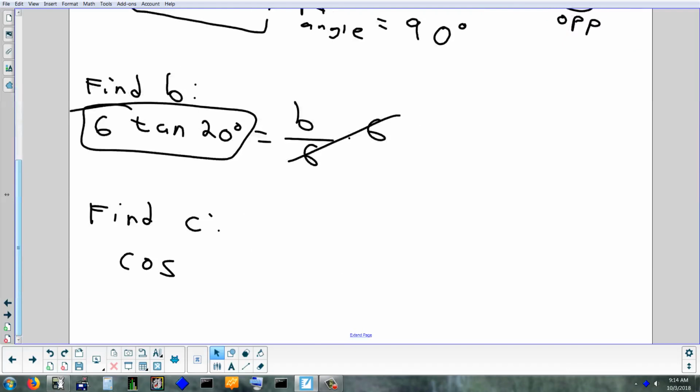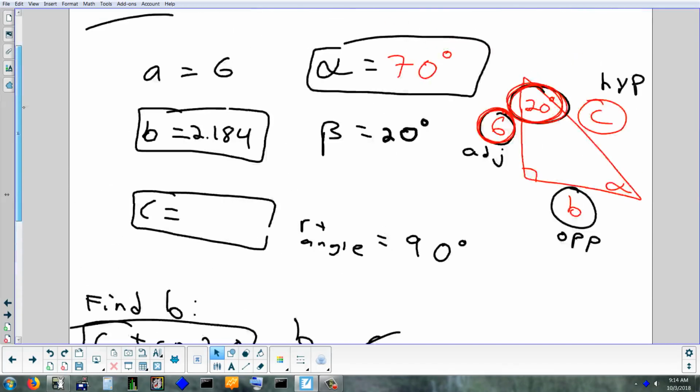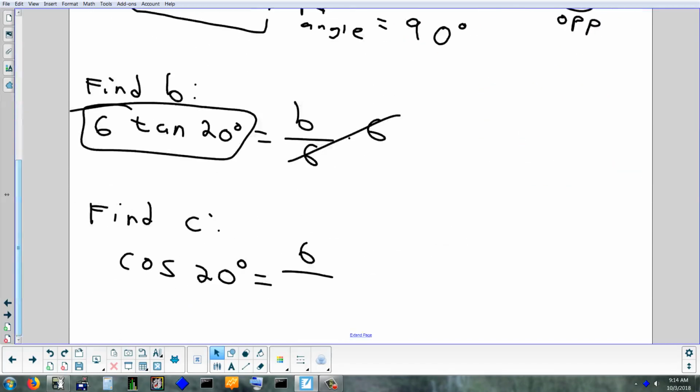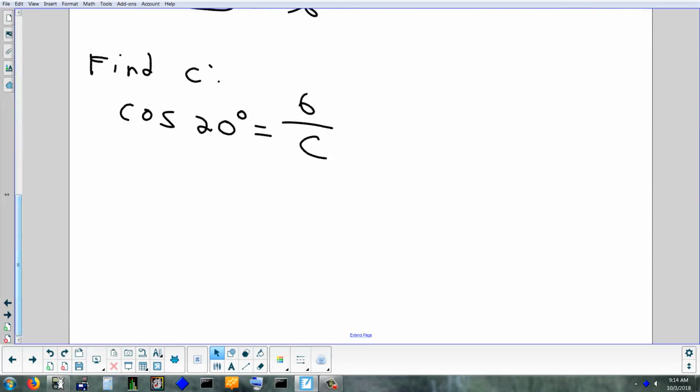So could you set up that equation for me to find C? It would be cosine of 20, always put in your angle, equals adjacent over hypotenuse, 6 over C. Now, this is the case where the variable's in the bottom, so I'm going to use the trick: just switch what's in the bottom and what's on the other side.